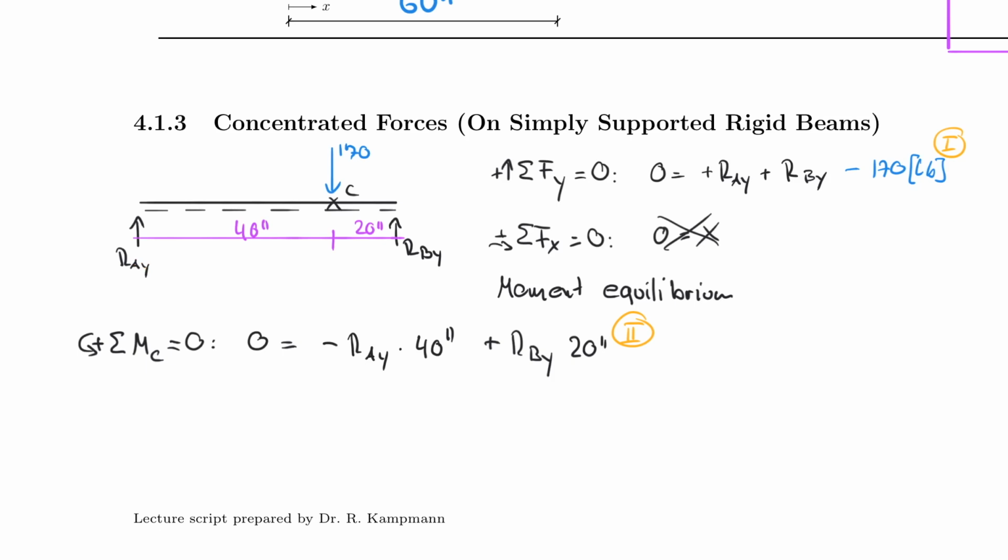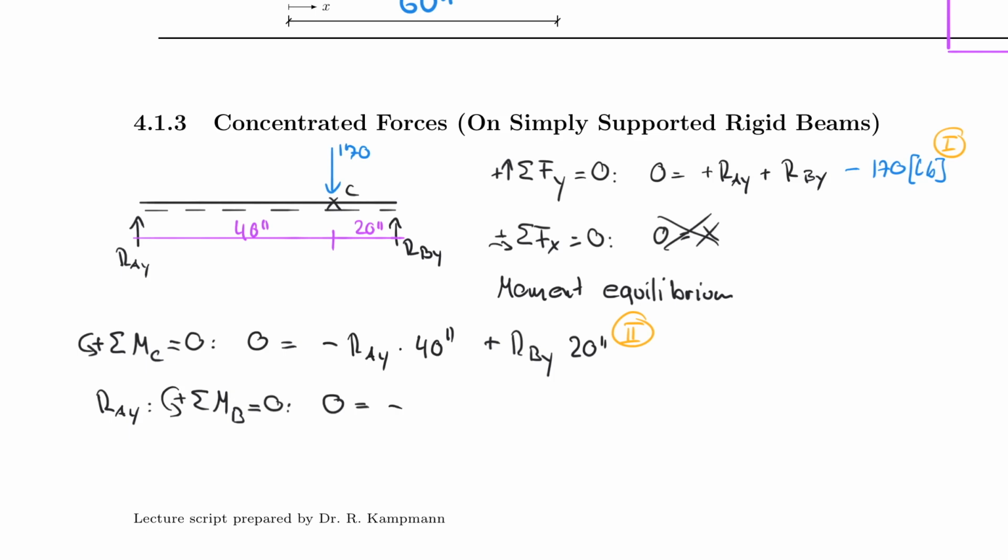And so if I want to calculate RAY, what I really would be doing as an engineer, I would take the sum of the moments about point B being equal to 0, counterclockwise positive, and then I can say 0 is equal to, let's say, RAY, I always start with my unknown, still turns clockwise, so negative, and has a lever arm of 60.